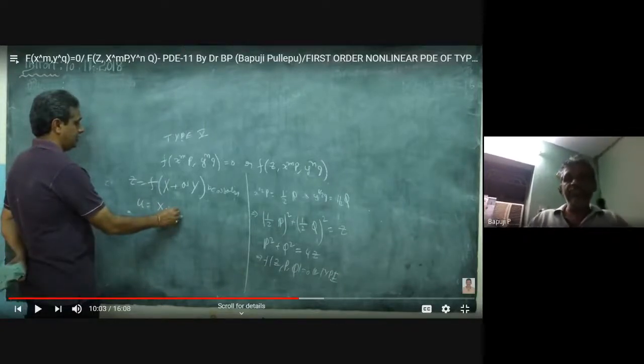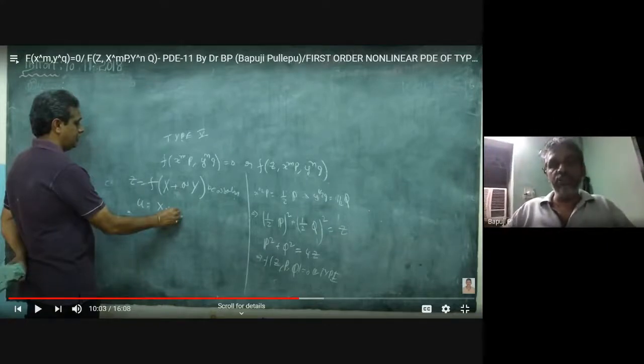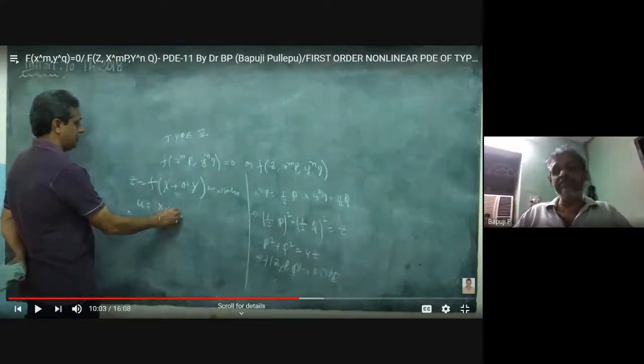See, f of Z P Q means I will assume the solution is Z equal to f of x plus k. That is small x small y I will tell, but here I have already changed small x, small y, bringing it to capital X capital Y. So in my hand now capital X capital Y is there. So I will discuss with capital X capital Y only.